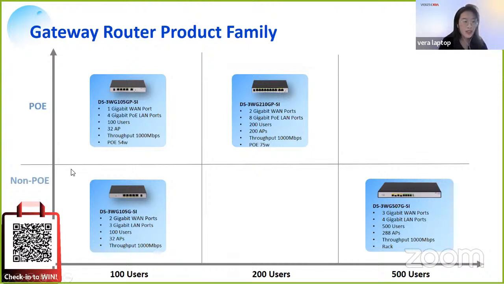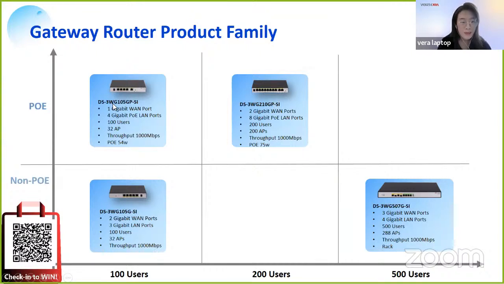According to the different user amounts, we divide them into 100, 200, 500, and the version with PoE and the non-PoE, same as all the products before. With this dash P, we can understand that this supports PoE functions.